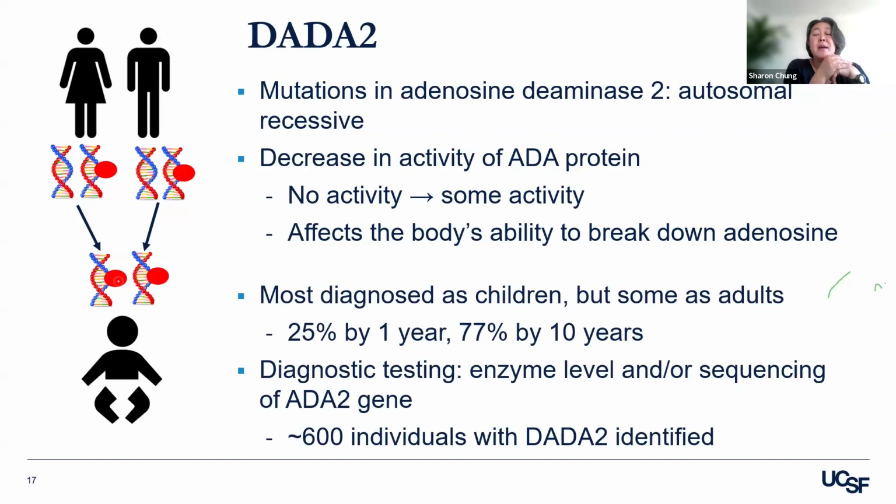Now, this is a genetic single gene disease. It's actually pretty rare. So there have been 600 individuals with DADA2 identified. You can compare that to, for example, the more than 10, if not more than 15,000 patients in this country alone who have something like granulomatosis with polyangiitis or microscopic polyangiitis.